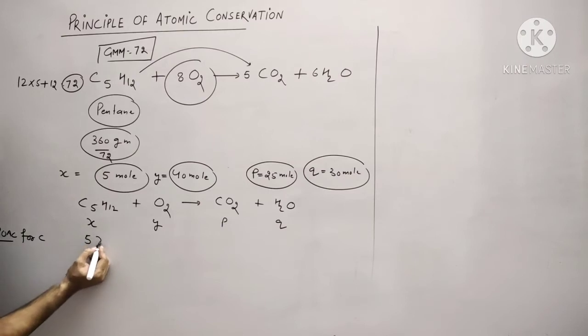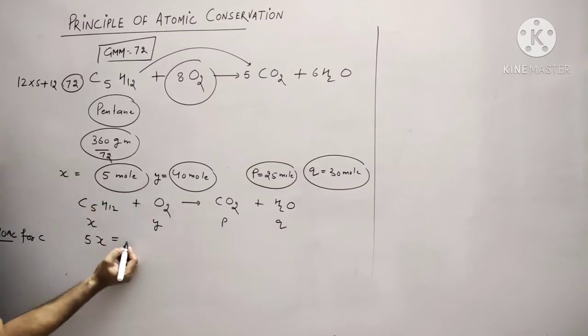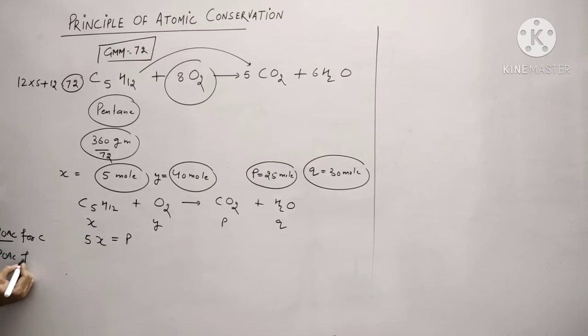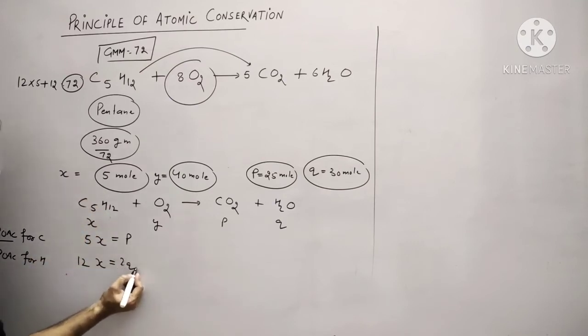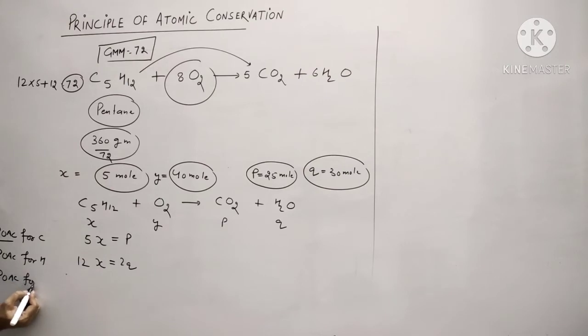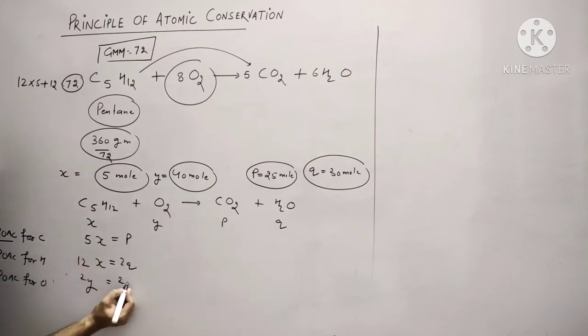I am writing directly 5X is equal to P. POAC for hydrogen, 12X is equal to 2Q. And at last POAC for oxygen, 2Y is equal to 2P plus Q.